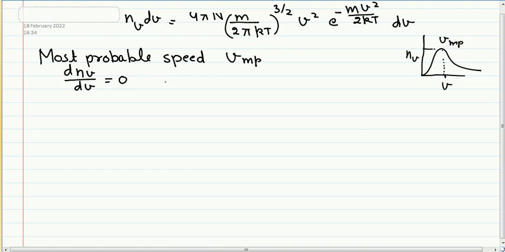So it will be 4 pi n and then m upon 2 pi kT to the power 3 by 2 and then v square e to the power minus mv. Oh, I am writing it again.